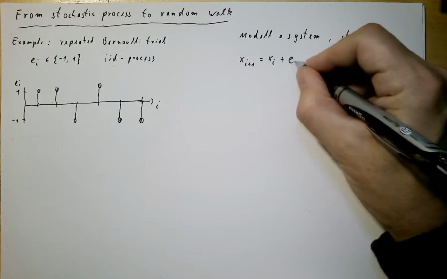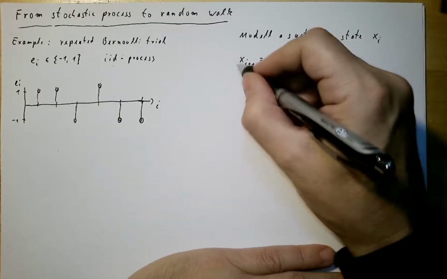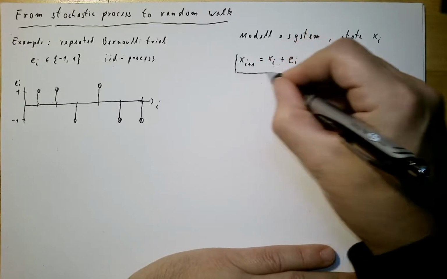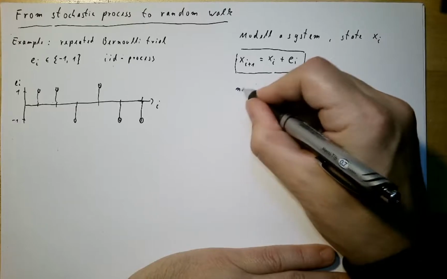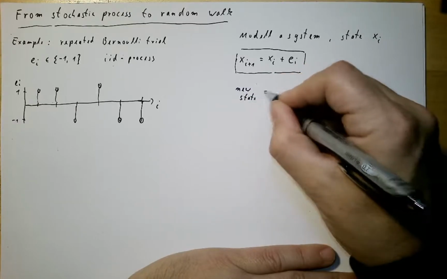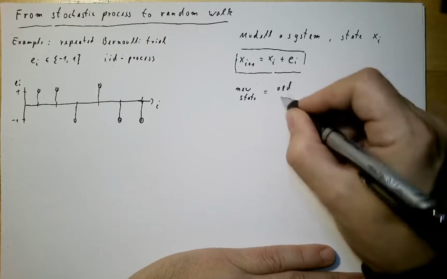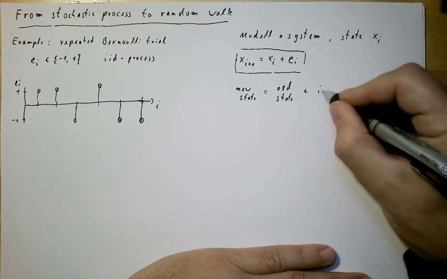I write this here: the new state equals the old state plus the increments.